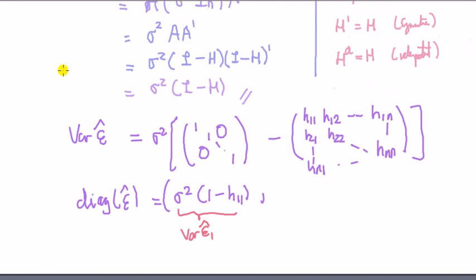You can see that the second one is going to be the same. Take the second row, sigma squared (1 minus h22), and this will be the variance of the second residual, and so on. So I hope you can see then that is the proof. That's the proof. Finished.